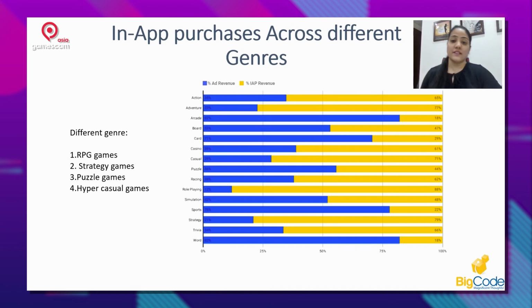And from analytics, we got data on how different genres of games perform with in-app purchases. We saw that in strategy games, 79% of users buy in-app purchases, one of the healthiest categories. There are also role-playing games, RPGs, and puzzle games, which again are good genres for in-app purchases.